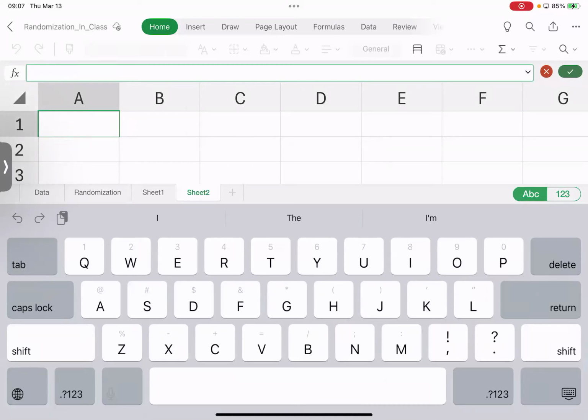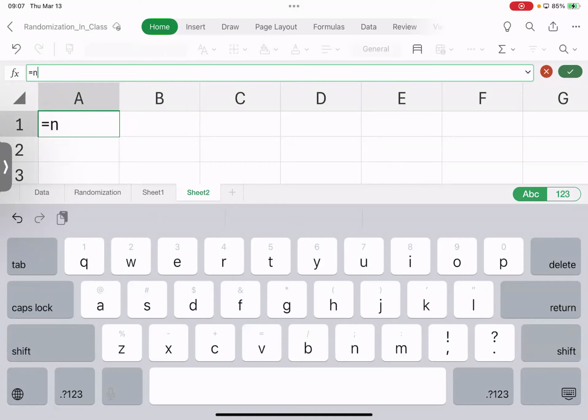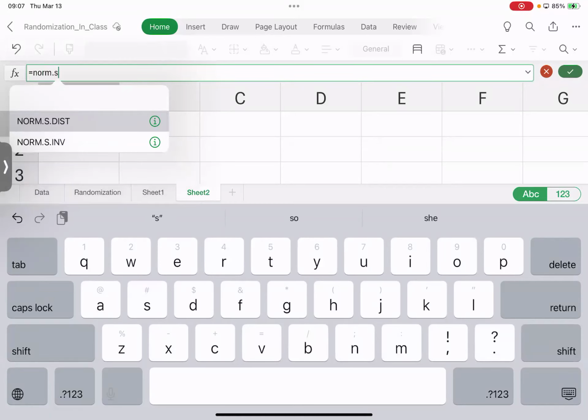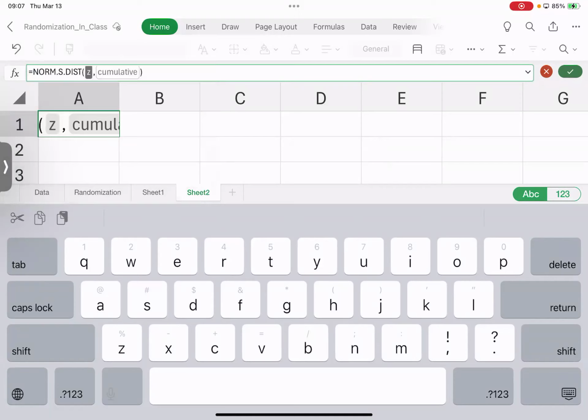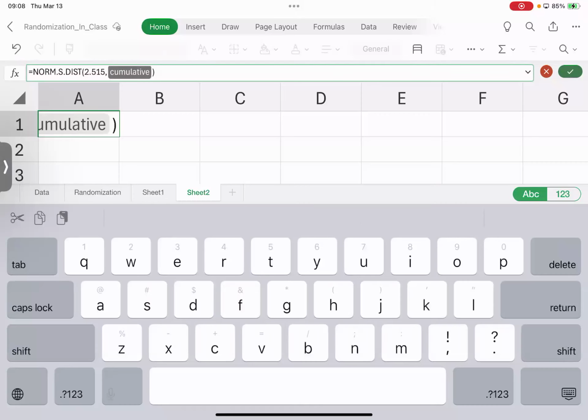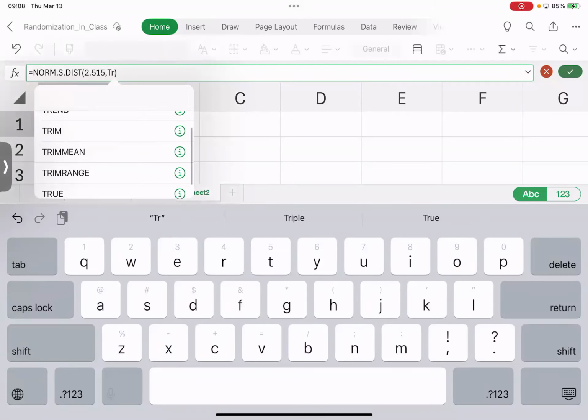Norm.s.dist gives me the area to the left. I feed it a z-score, it gives me the area to the left, that's okay. And so here I have equals norm.s.dist, and you can use your calculator if you prefer, but we had 2.515, and this cumulative for normal distributions is always true.